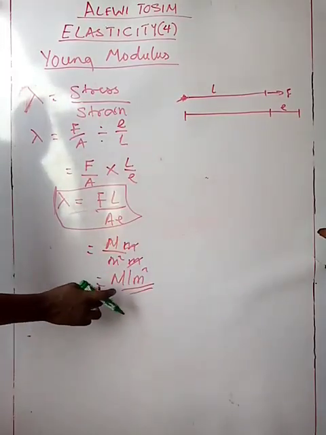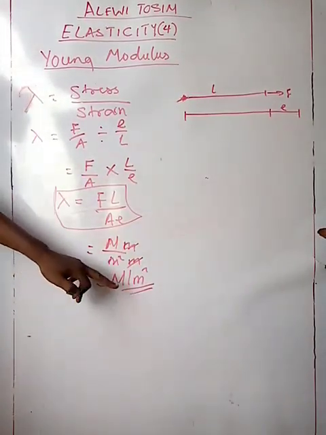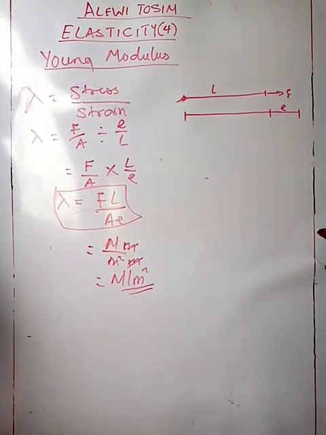So Young modulus is measured in Newton per meter square, just the same measurement that tensile stress has. Tensile stress has Newton per meter square as its unit, tensile strain does not have any unit, while Young modulus has Newton per meter square as its unit.